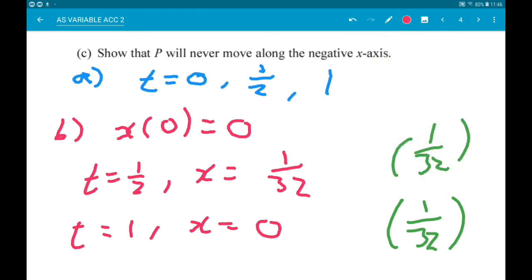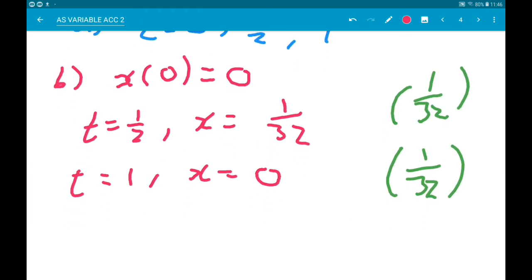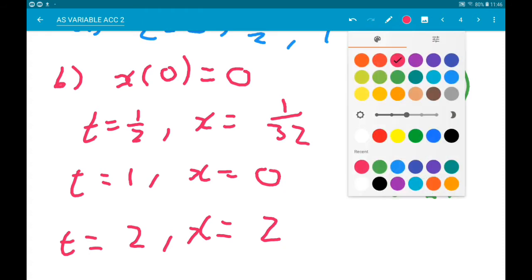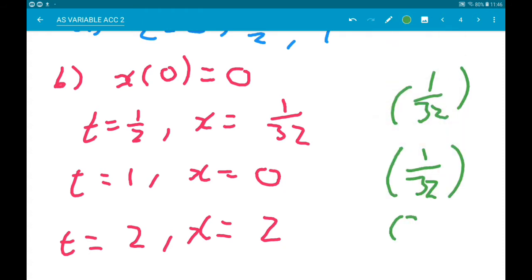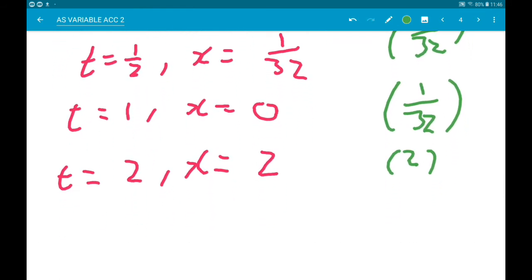Now the last one we need to calculate is when t is 2. Now t equals 2 will give us x is equal to 2. So the total distance is those three added together.